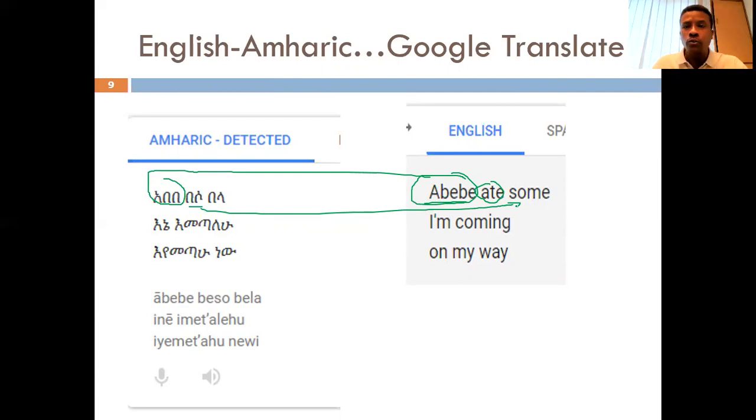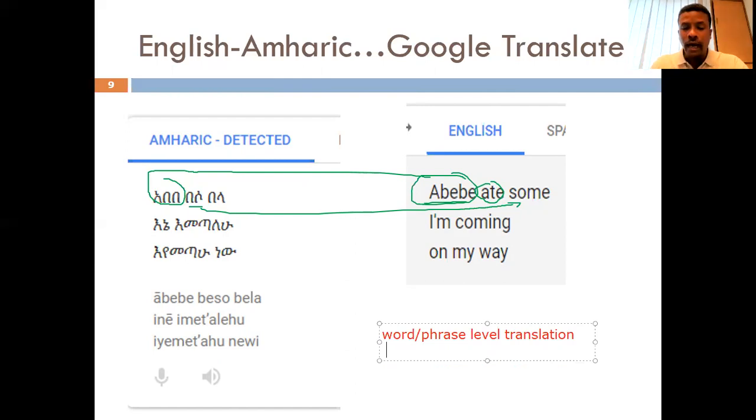Now here I want you to notice two things. One is that it has what we call word or phrase level translation. That's why አበበ to Abebe, ate to በላ, and Beso to ሰሚ አደርጎ.